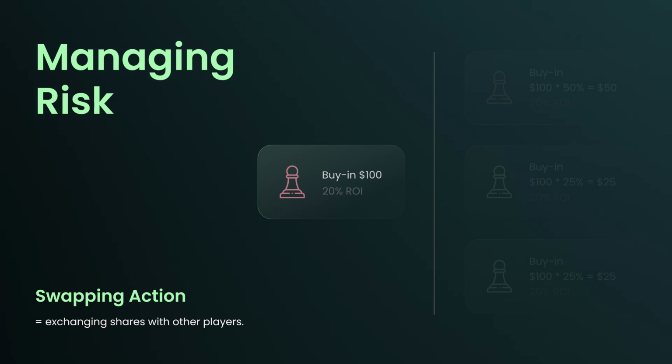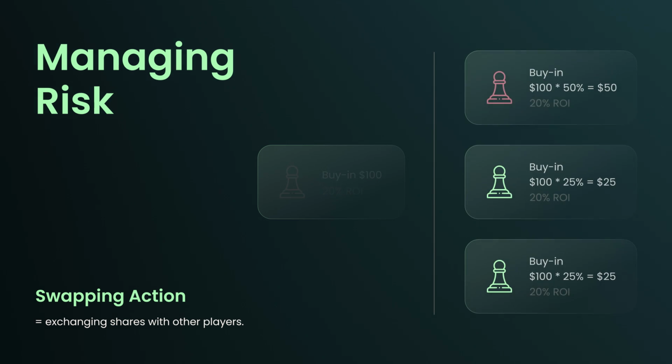But I could also swap with two friends, for example, keep half my action for myself and swap 25% with each of my friends, and by that basically reduce the effective buy-in of the tournament down to the biggest piece, my own $50. And that way I would only need half of the bankroll that would be necessary to play it by myself.